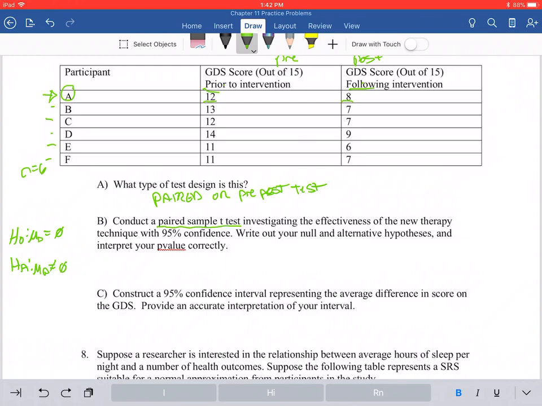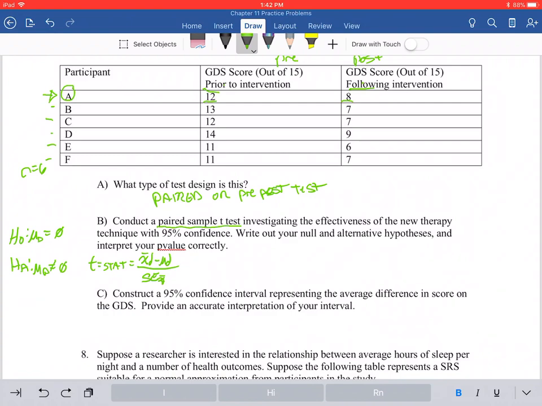So that's our null and alternative hypothesis, and now we have to interpret our p-value. In order to get a p-value, we have to first run our t-statistic. In order to do our t-statistic, let's write our formula. So our t-stat is going to equal our x bar delta minus our mu delta over the standard error of x delta.